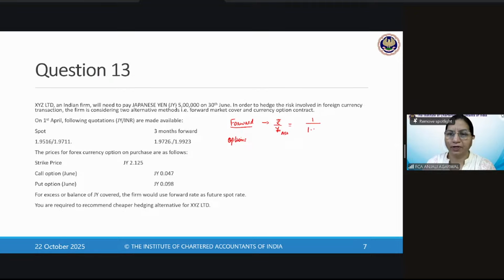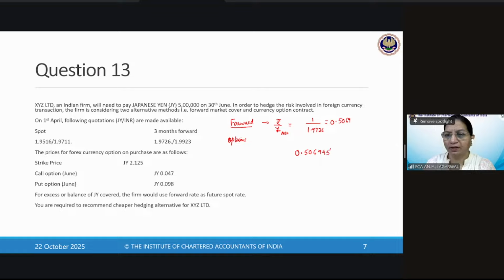1 upon 1.9726 is the rate which is applicable. This gives you 0.5069. How you round off is also important.